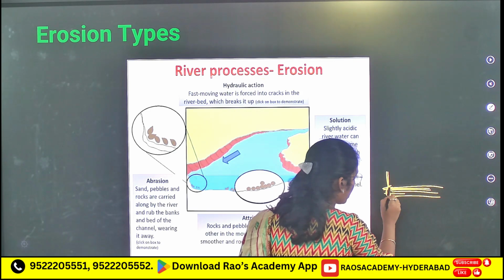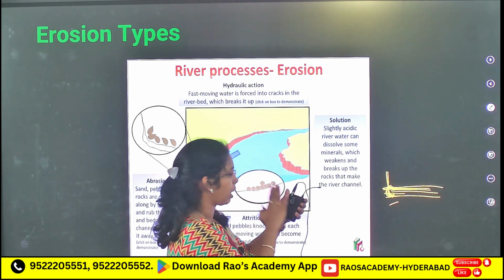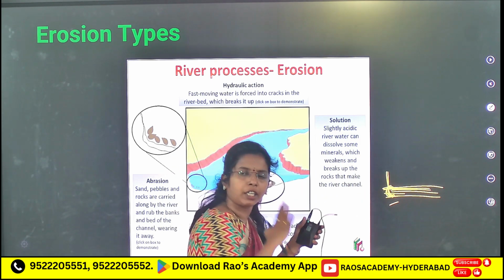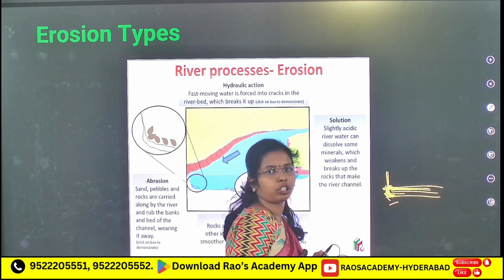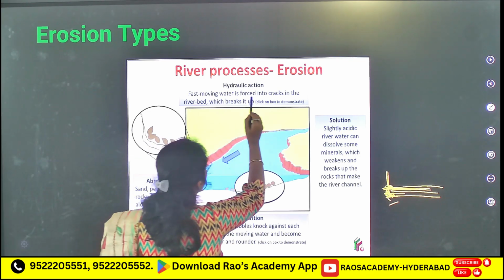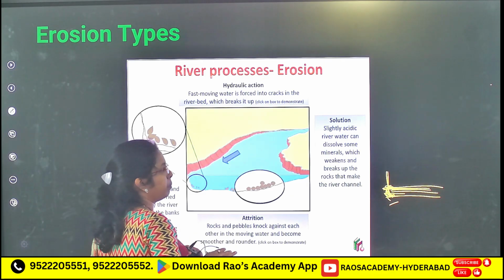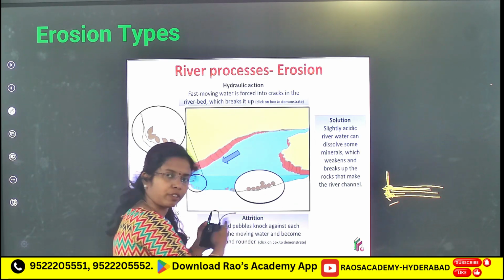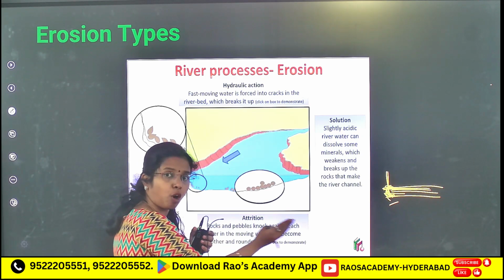This fast moving water comes and hits the surface, continuously hitting, and here you will see the erosion. The water is forced into cracks in the riverbed, which breaks it up. It breaks because of that forceful, continuous water hitting, because of the hydraulic action.